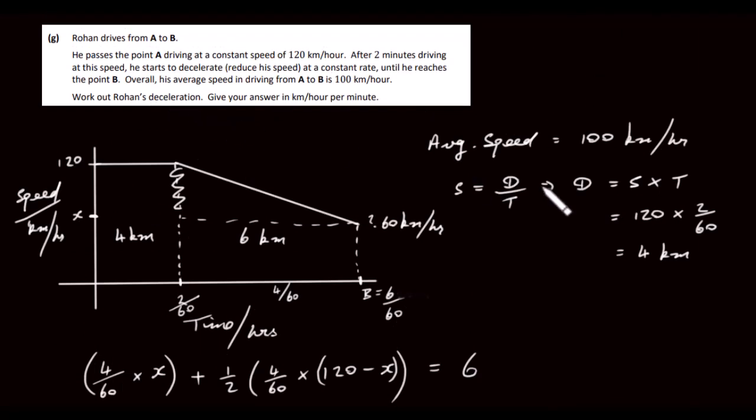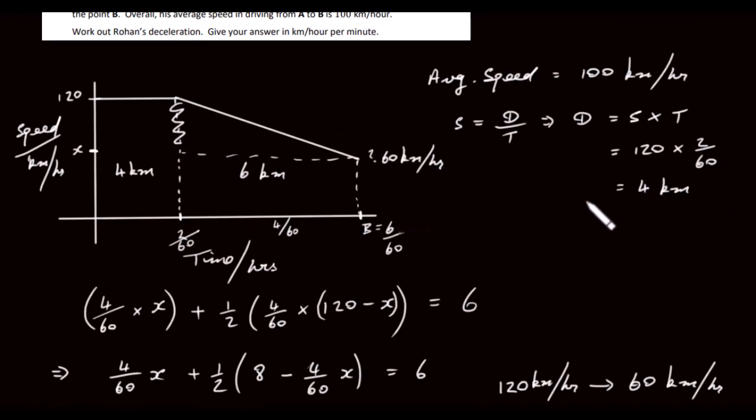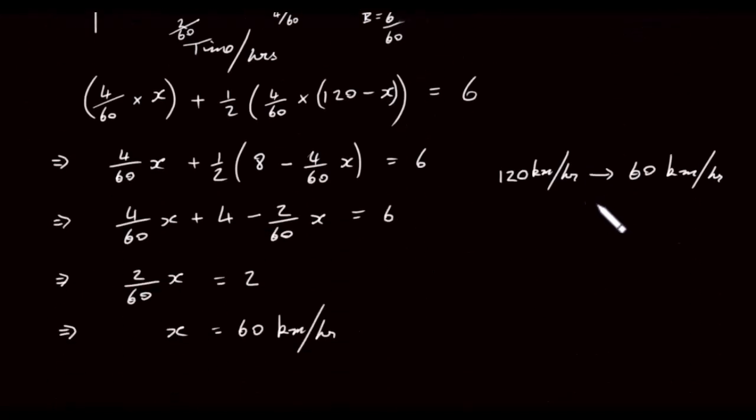Work out Ronan's deceleration. So we know now that he goes from 120 kilometers per hour to 60 kilometers per hour, and it takes him 4 minutes. So in other words, he goes down 60 kilometers per hour. I'll leave out the minus actually just for the moment.